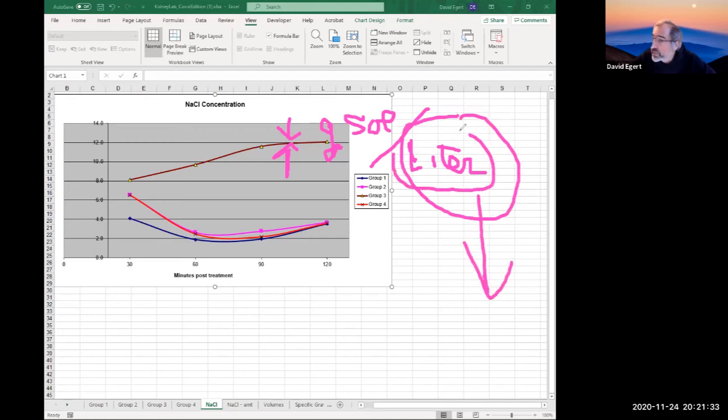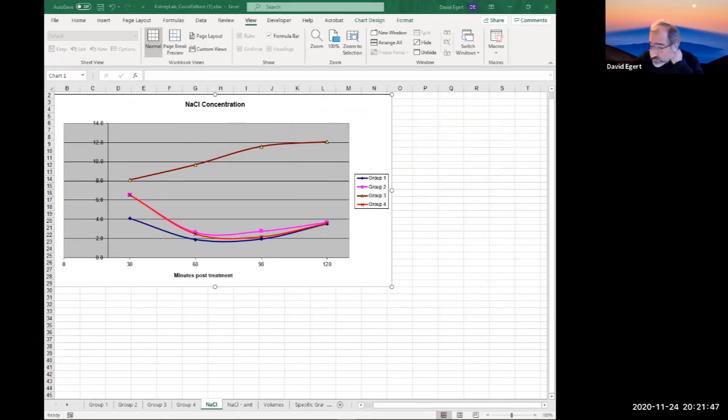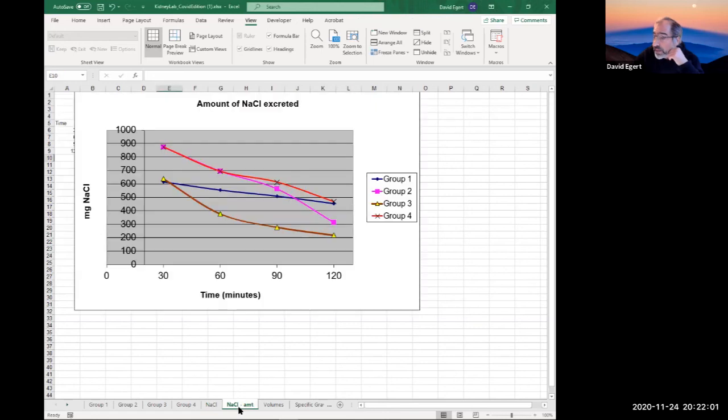If the denominator is getting really small, then this thing is going to be getting bigger. So the next graph I have for you is looking at the concentration times the volume. That's basically going to give you the actual grams of salt that were peed out. So I'm calling it NaCl amount.